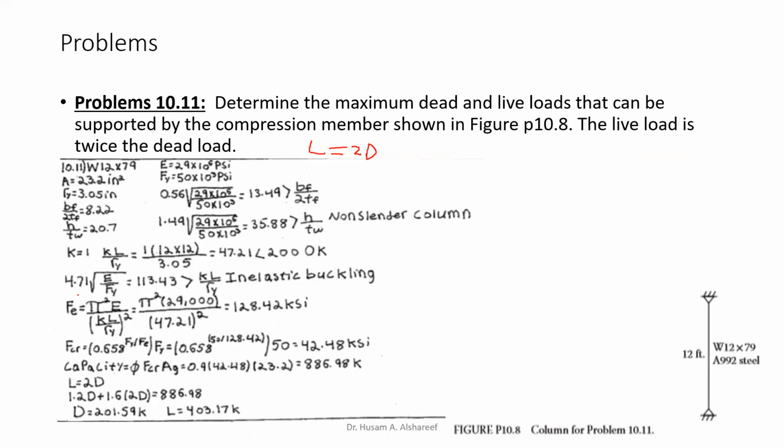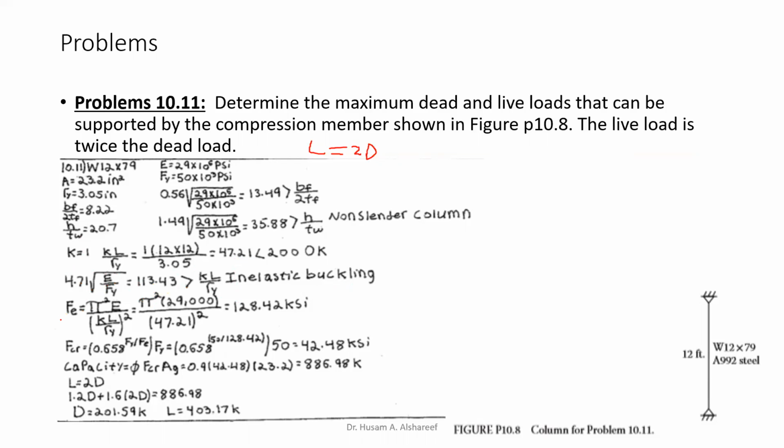Then from table, I believe, 10.3, we find this value, or you can just plug and chug. We find that this value is actually larger than the slenderness ratio, which means our column fails under the inelastic buckling mode.